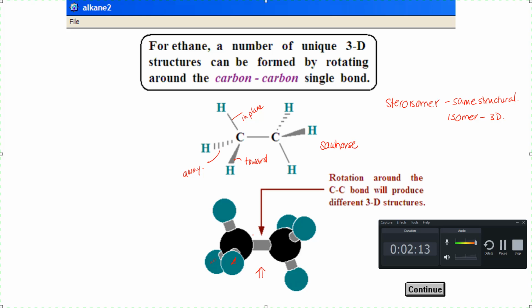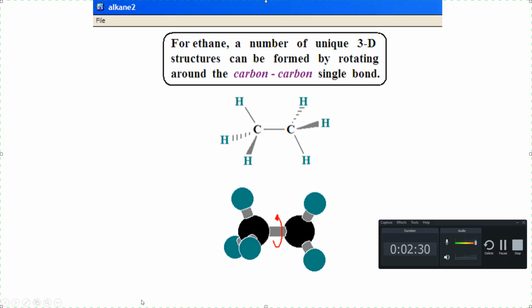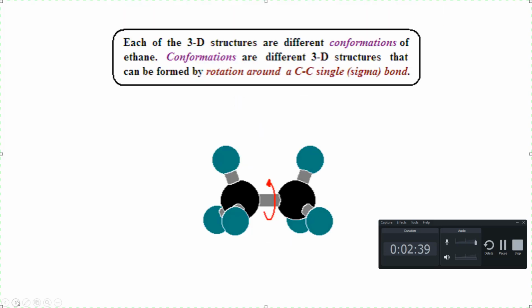The first type of three-dimensional stereoisomers that we can form are made by rotating around a carbon-carbon single bond. Those are what we call conformations. If we did that with this ethane molecule, we could begin to move these hydrogens closer together relative to each other.